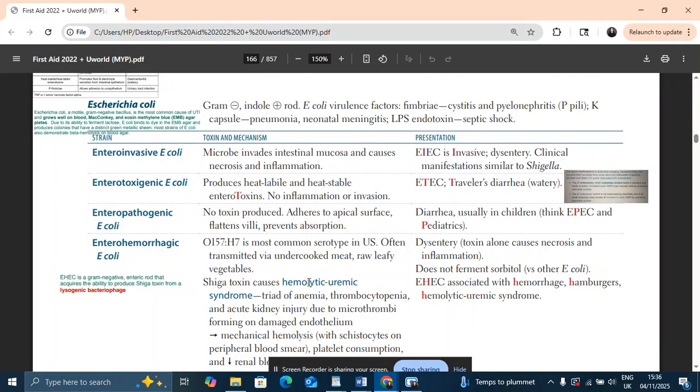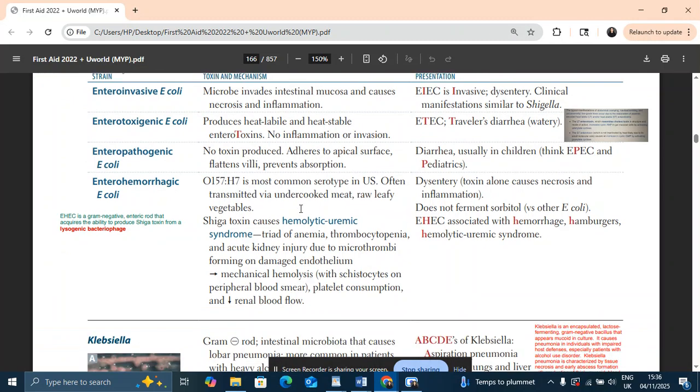We have talked about how it is transmitted through undercooked meat or unpasteurized milk products, and it causes dysentery and then eventually hemolytic uremic syndrome. We talked about that already yesterday.